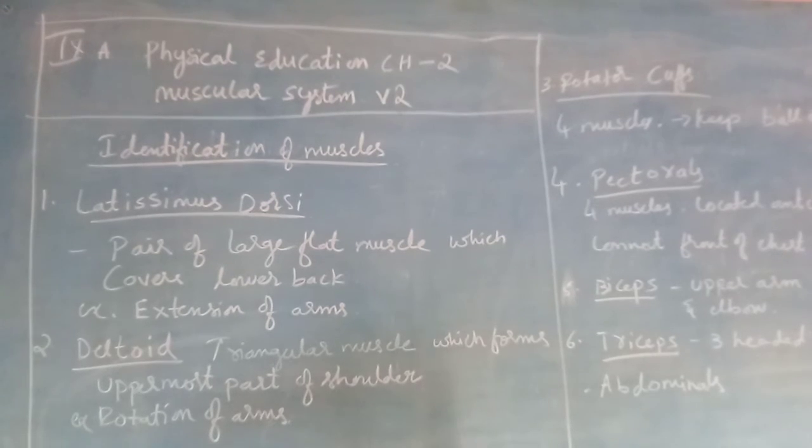That muscle will be contracted when you perform a rotation of the shoulder. But when you extend your arms and come back, the latissimus dorsi muscles will be activated.